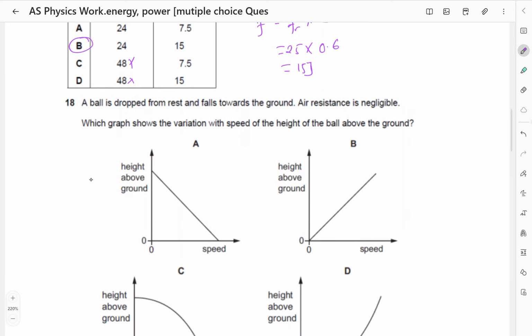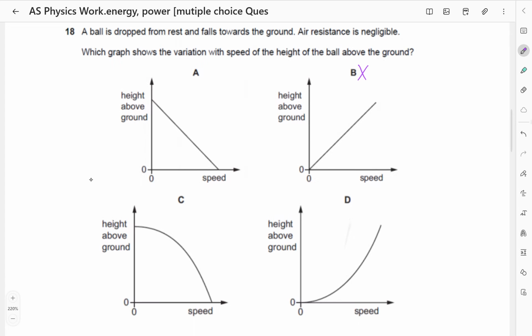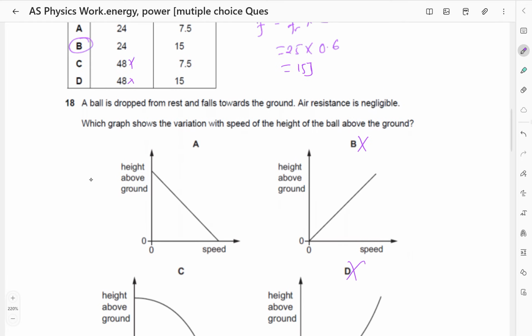A ball is dropped from rest and falls towards the ground. Air resistance is negligible. That means g is constant. Which graph shows the variation with the speed of the height of the ball above the ground? So it is dropped, the height decreases. So this one is wrong. This one is showing that the height above the ground increases. This one is also wrong. It is showing that the height above the ground increases.